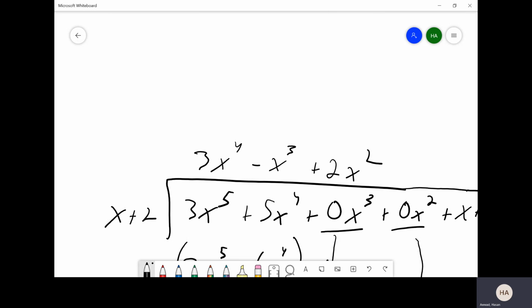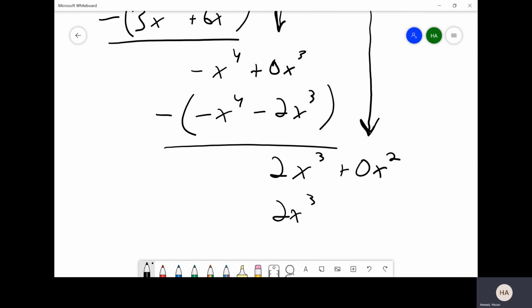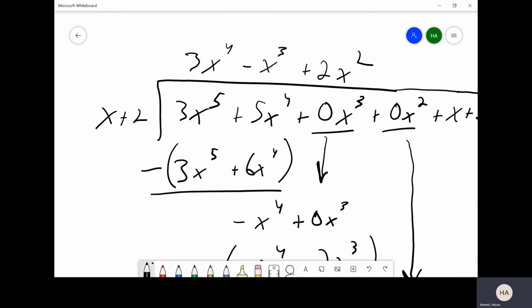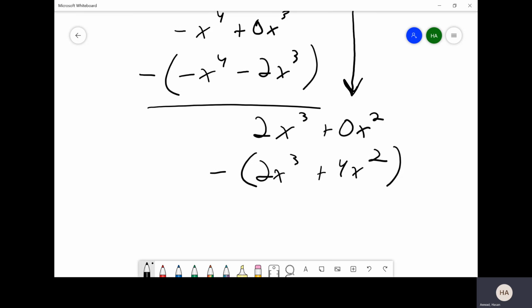So now we multiply 2x squared by our entire divisor, x plus 2. That should give us the 2x cubed piece. And then 2x squared times a positive 2 is 4x squared. So plus 4x squared. We subtract the entire thing. 2x cubed minus 2x cubed is 0. Perfect. It worked out. And now we do the next piece.